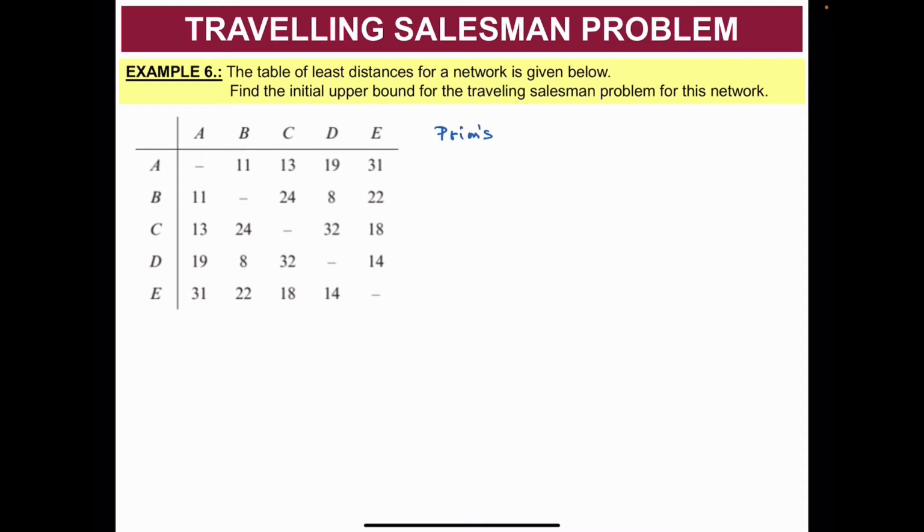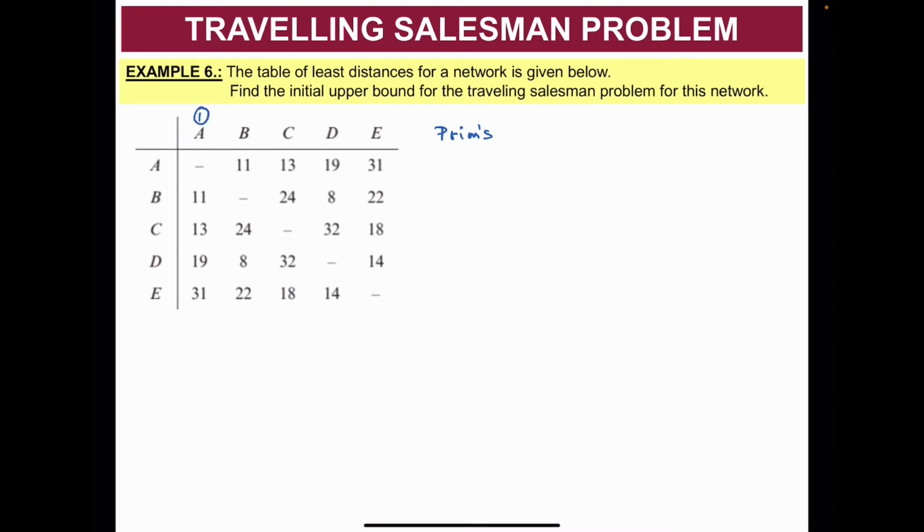Did they tell me where to start? They didn't, so I'll start at A, because I can choose where I'm going to start. You can start at any vertex. So A would be my first one.